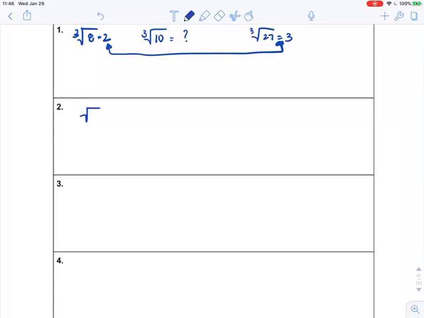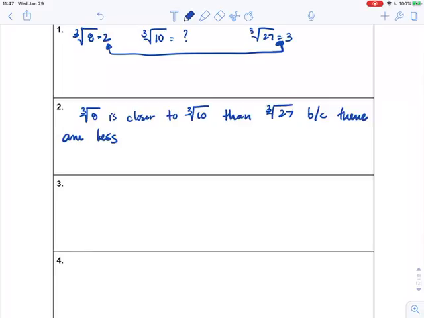Well, I know that cube root 8 is closer to cube root 10 than cube root 27 because there are fewer numbers between 8 and 10 than between 10 and 27. Pretty simple, pretty self-explanatory. It's not really too difficult, okay?